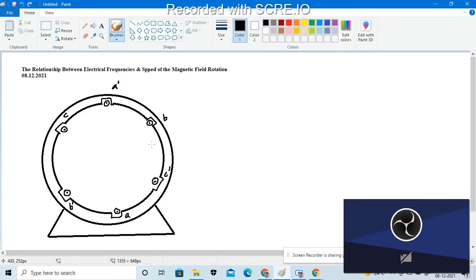Okay, now we have to represent, because when we are considering a rotating magnetic field in the stator, it can be represented by two different poles, which I am considering as a north pole, and the other a south pole, right?